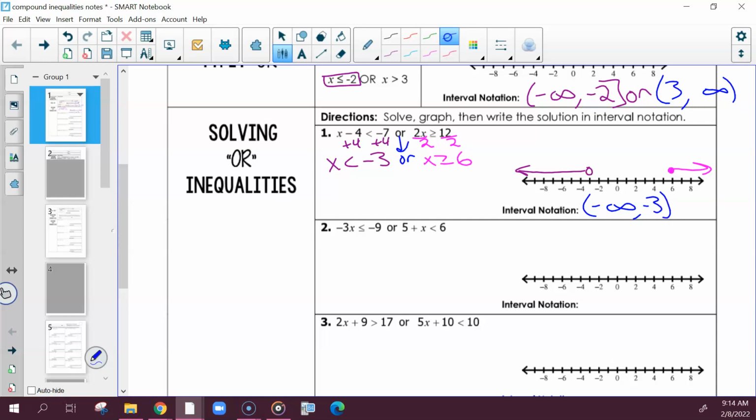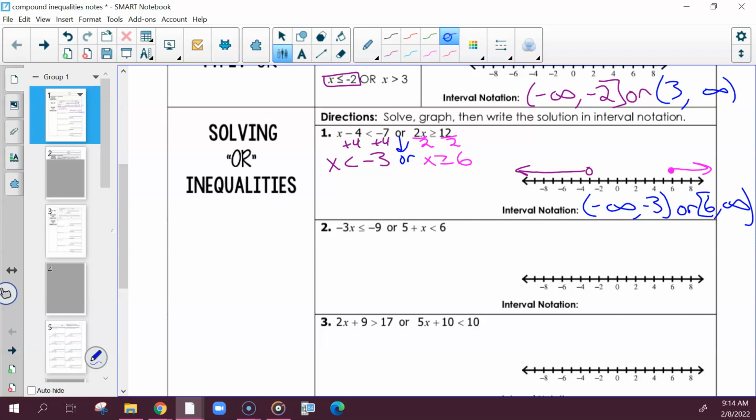And then or. Closed. Always be looking at whether your numbers are open or closed, because that will tell you if it's parenthesis or bracket. And it could change for each problem.